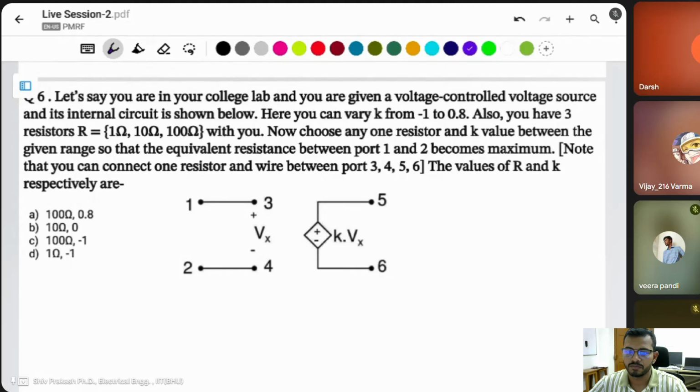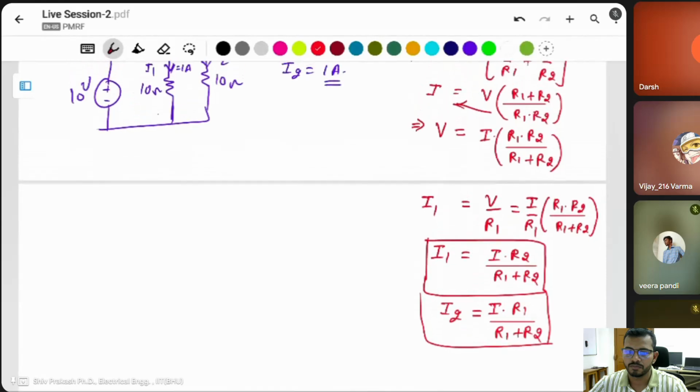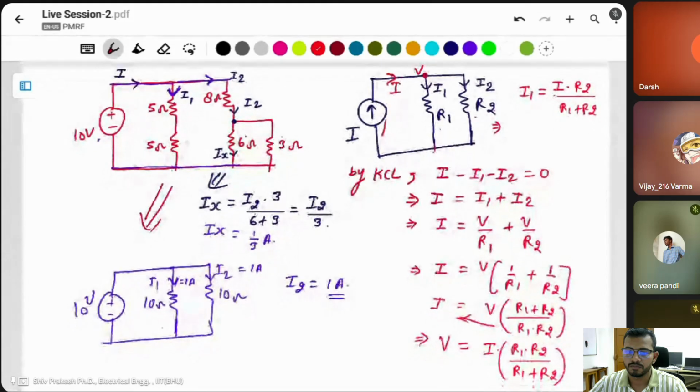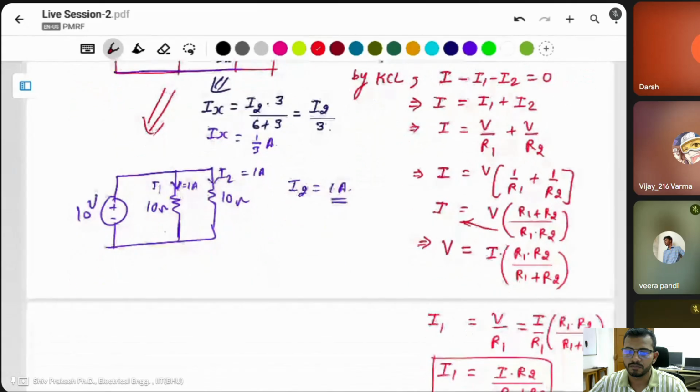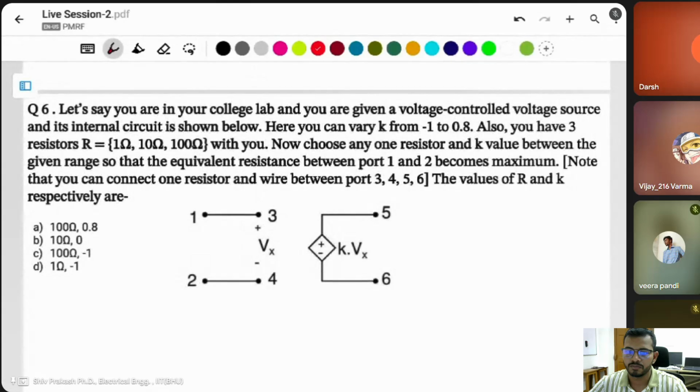Simply this circuit is given and it is asking about the value of K. So we are asking about the value of K, which is in the range of -1 to 0.8, and the resistor.